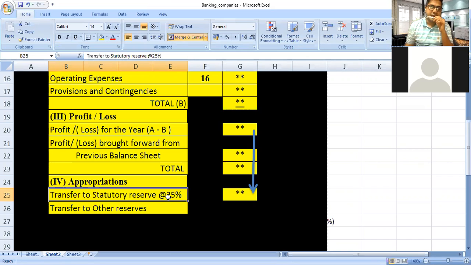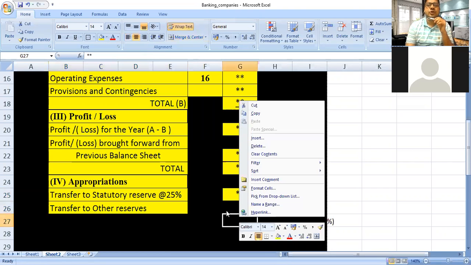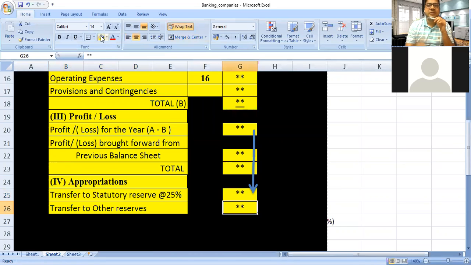Every banking company must transfer 25% of profit to the statutory reserve account. Then after that, if any other reserves are there, we should write them here. Sometimes there is a general reserve, that we have to write. Whatever reserves are provided in our problem, we have to show.